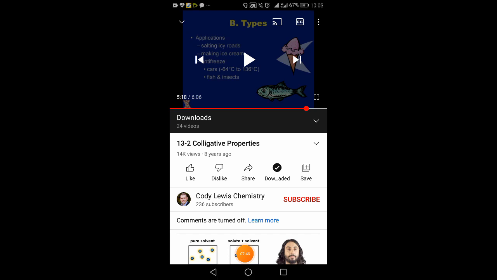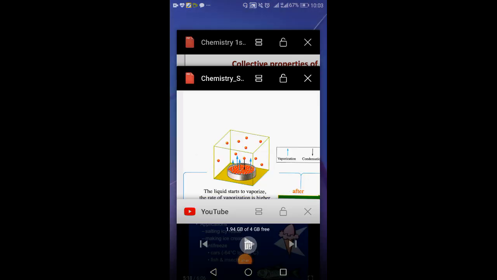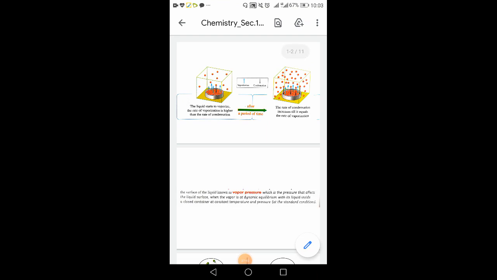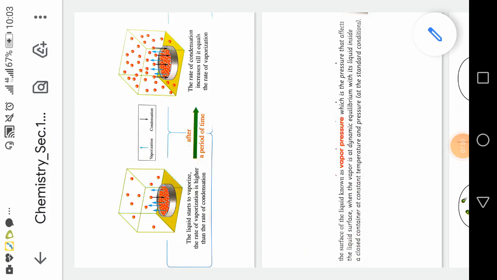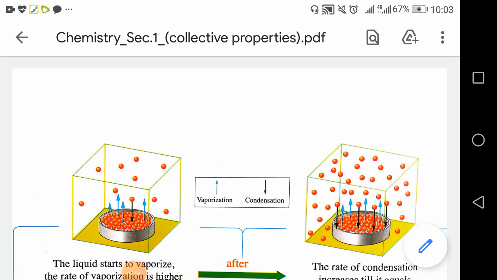Again, we will come back to our session. As we show now in this video, the colligative properties depend on two main properties of any molecules. First, the attraction force between the molecules, and second, the continuous free motion of these molecules.